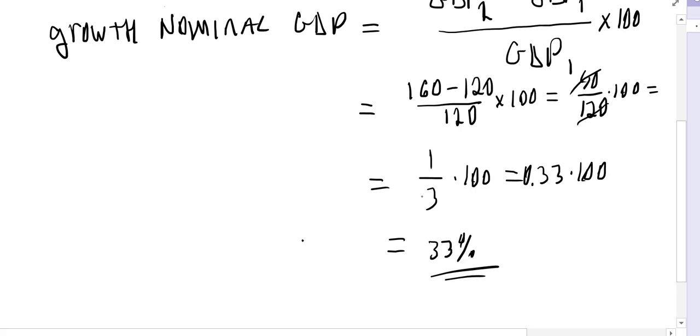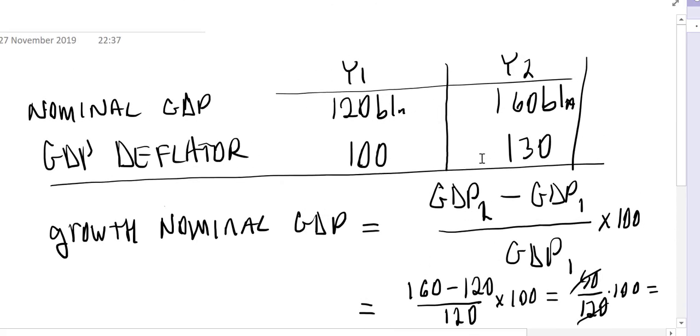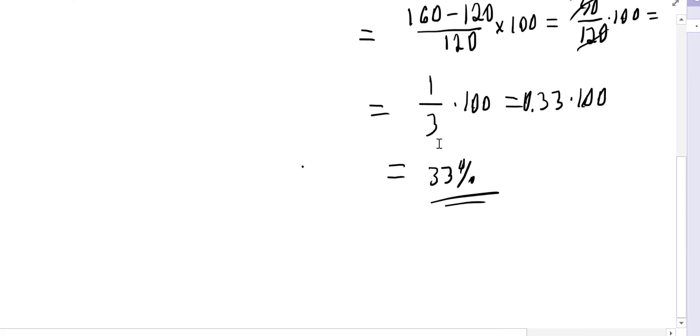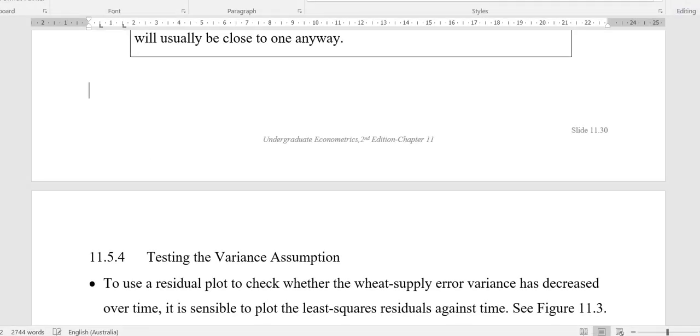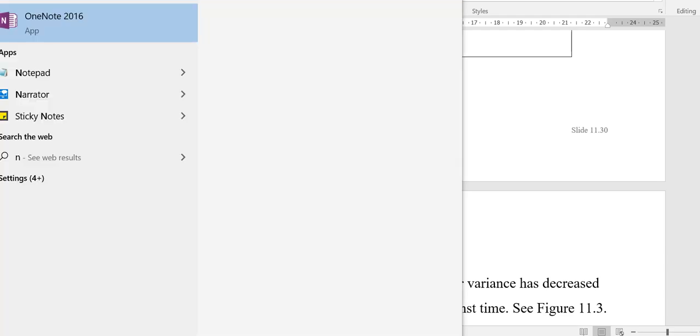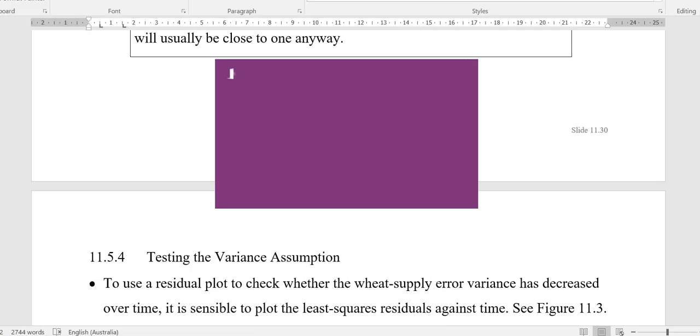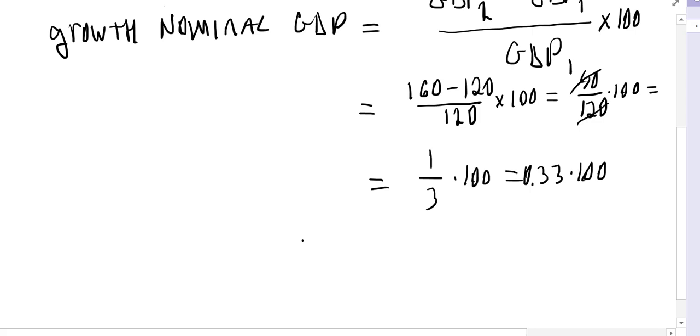That's a huge increase, isn't it? That's good progress, a 33% increase from this year to this year. Now that's nominal GDP. That's in money terms, current money terms.